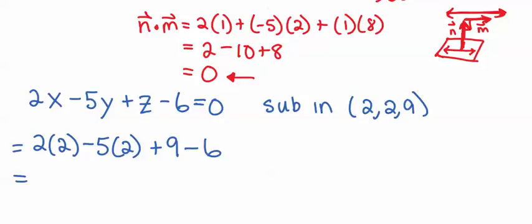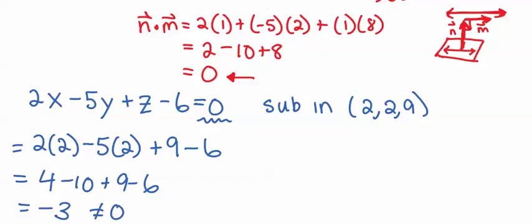I'm just going to see if that equals 0. So 4 minus 10 plus 9 minus 6 is negative 12 plus 9, negative 3. It's supposed to equal 0, because the left side should equal the right side. So that does not equal 0.